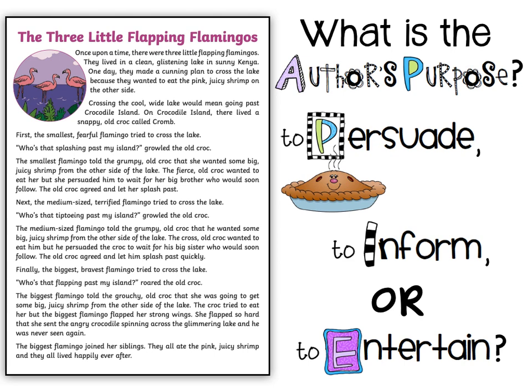"Who's that flapping past my island?" roared the old croc. The biggest flamingo told the grouchy old croc that she was going to get some big, juicy shrimp from the other side of the lake. The croc tried to eat her, but the biggest flamingo flapped her strong wings. She flapped so hard that she sent the angry crocodile spinning across the glimmering lake, and he was never seen again. The biggest flamingo joined her siblings. They all ate the pink, juicy shrimp, and they all lived happily ever after.